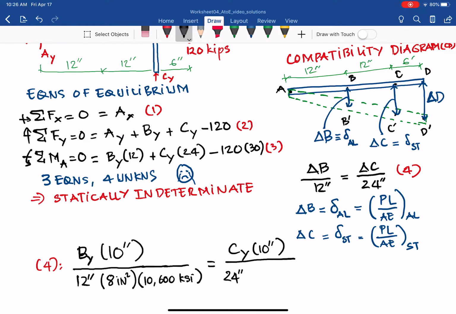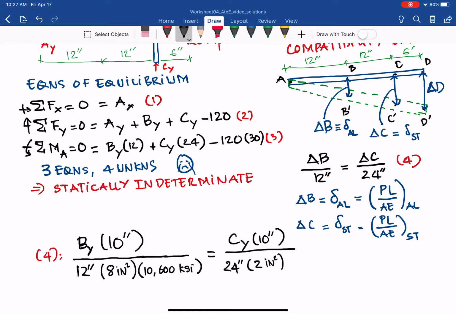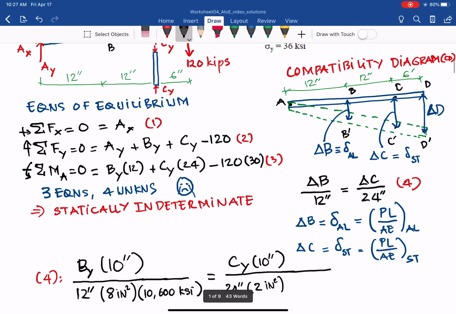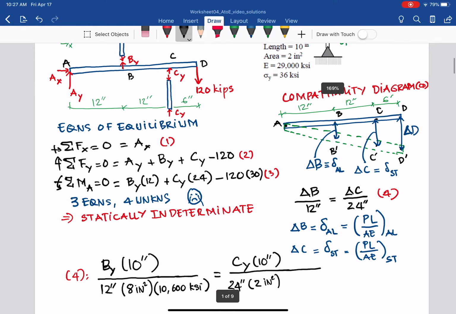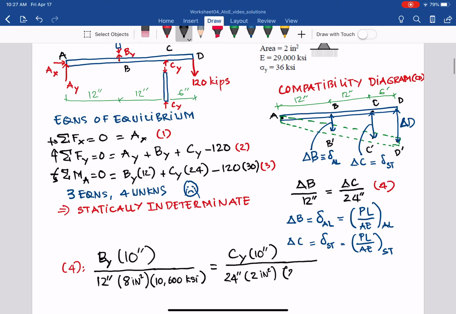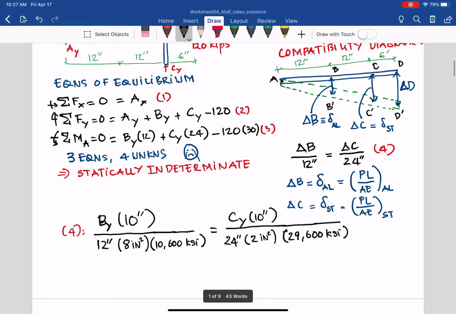Times the area times E. The area in this case is 2 square inches. Times the Young's modulus for steel, 29,600 ksi, kips per square inch. From that, I can simplify equation 4.